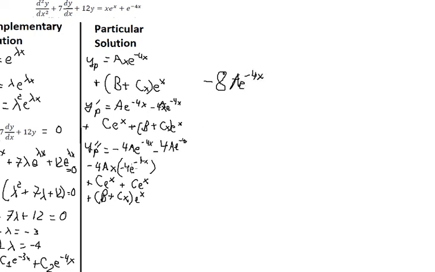So negative 4a with negative 4, we have 16 a s e to the power of negative 4s. This one we have c e to the power of s, and we have bc e or bcs.